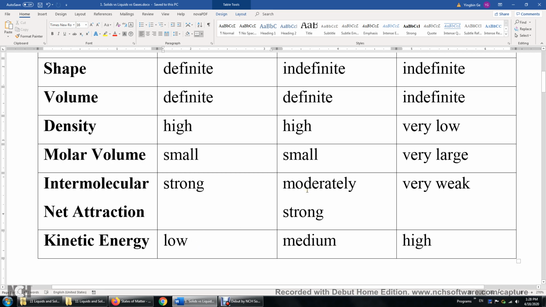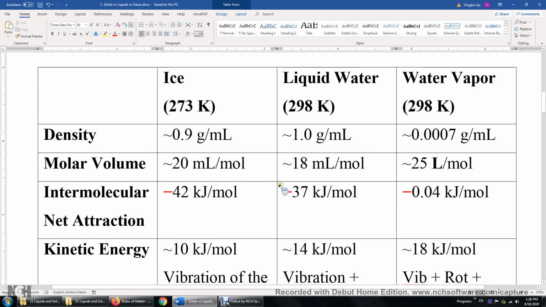Now let's compare the solid, liquid, and gas states with one more specific example: water. So let's look at ice at 0 degrees Celsius, liquid water at the room temperature of 25 degrees Celsius, and water vapor, that's water in the gas phase, also at 25 degrees Celsius.